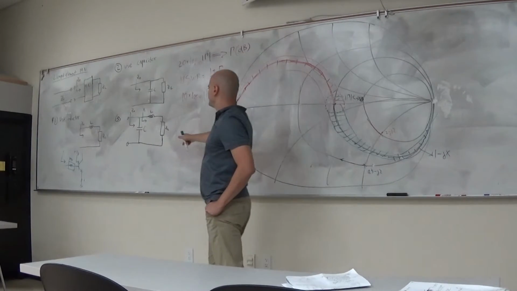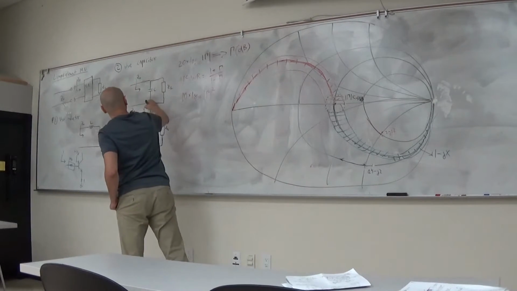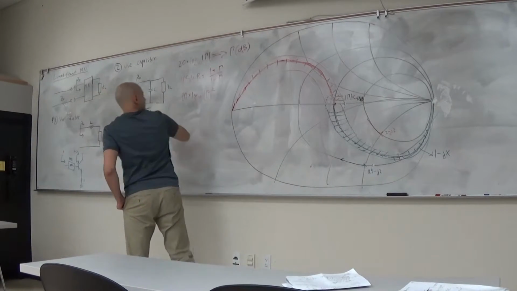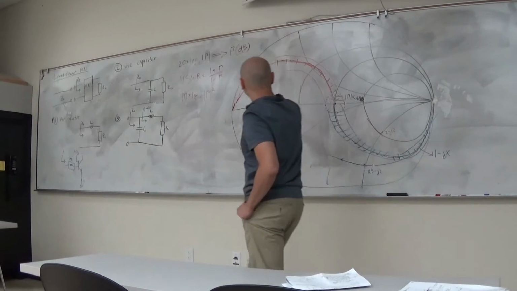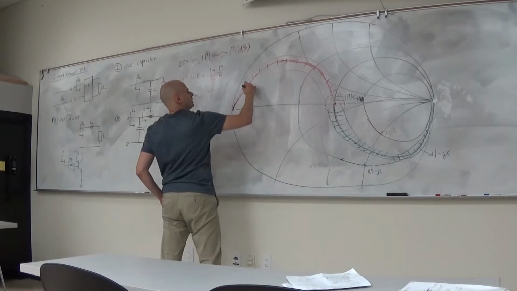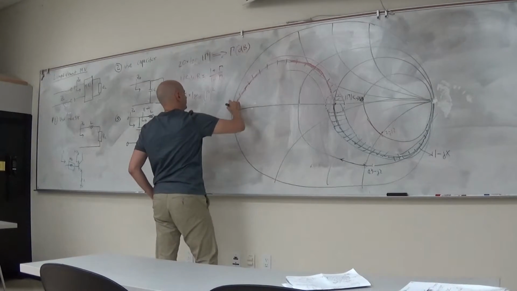Now the second step: because I need to go to ZL, I need to convert Y1 to Z1. We know how to do that, so that means Z1 better be here. That should be my Z1.